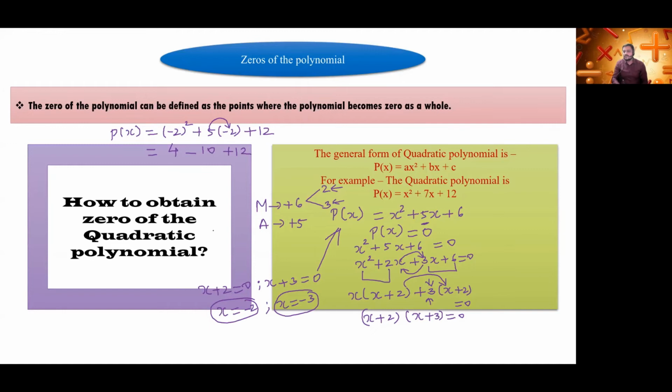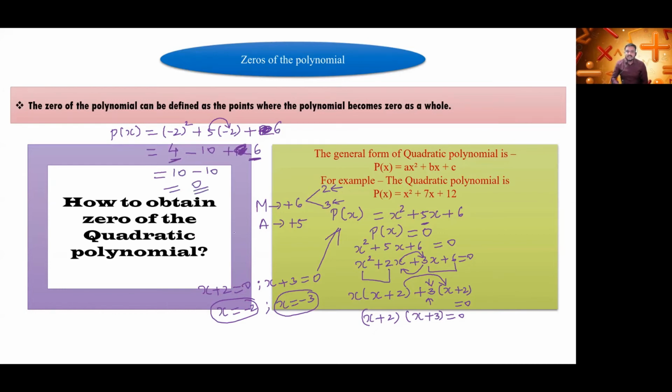We should get the polynomial as 0. Oh, sorry. I have written it here +12. It is actually +6. Okay. Now see here, this 4 plus this 6, it is +10, and this -10. So ultimately the answer is coming as 0.